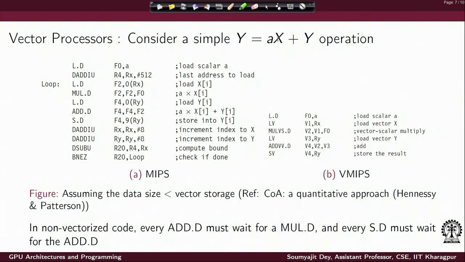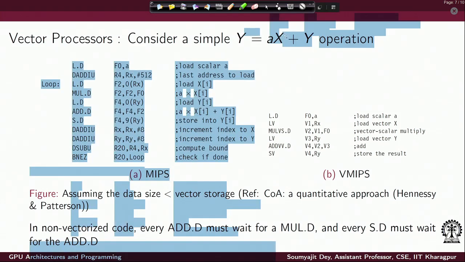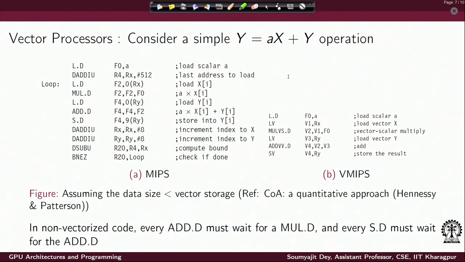You want to multiply a vector capital X with a scalar A and then do an addition with another vector Y, right. So, with respect to that, if you look at the non-vectorized scalar MIPS code, there are a few important things to notice here.